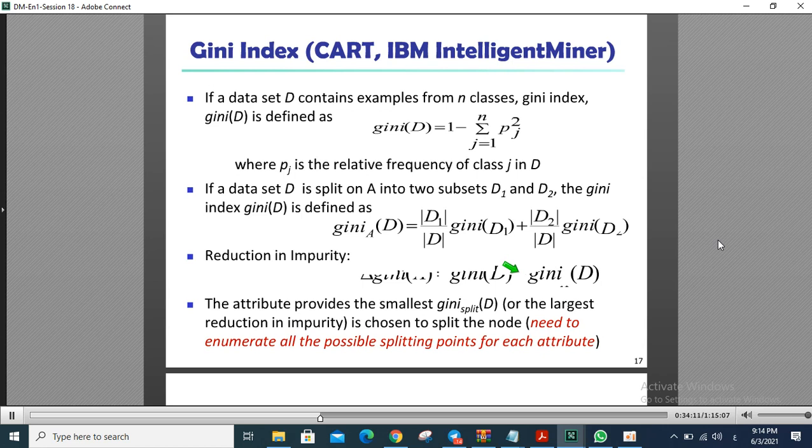Look at this minus in this equation. I should select the lowest value among different values for different attributes to maximize delta Gini. Delta Gini is a measure that shows the amount of reduction in impurity of my selection.